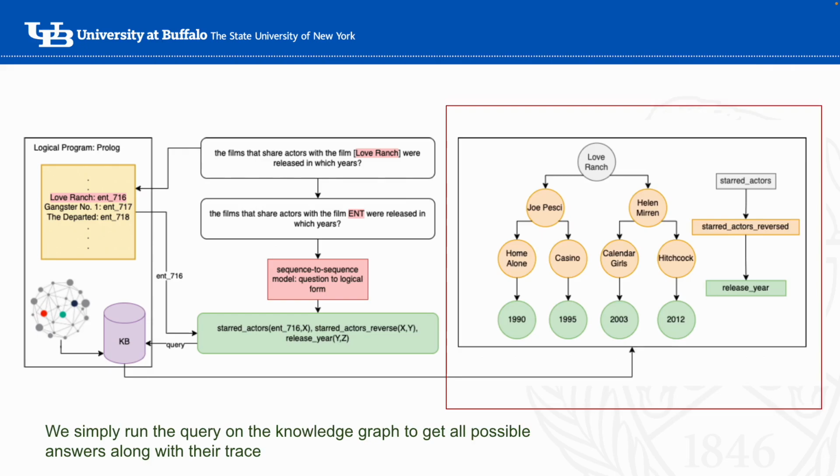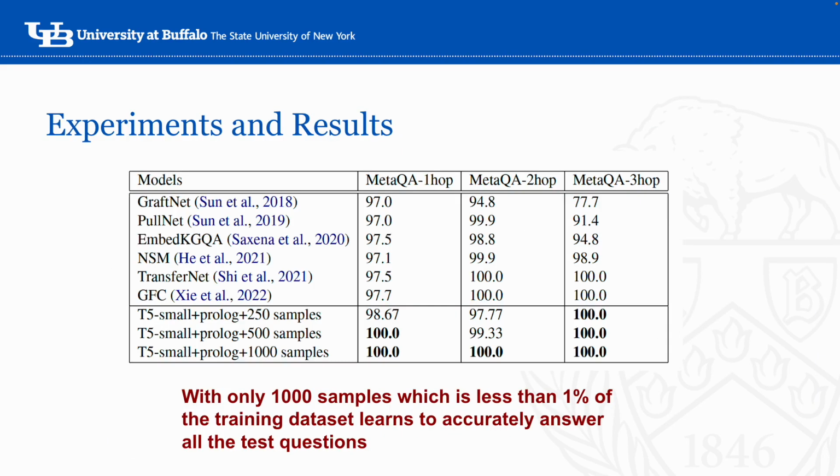After training this model, we can take any question, translate it to a Prolog query, run it over the knowledge graph, and get all of the answers along with the traces from the question entity to the answer entities. We observe that doing that not only gives us 100% accuracy on the test set of the MetaQA dataset, but also shows the sample efficiency of this neurosymbolic approach.